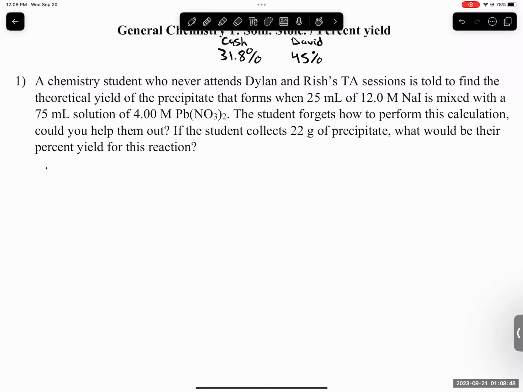Lead(II) nitrate is reacting with sodium iodide to produce, what are the products? Sodium nitrate and lead(II) iodide. Which one is the precipitate? Lead(II) iodide, because that's one of the exceptions for iodides.